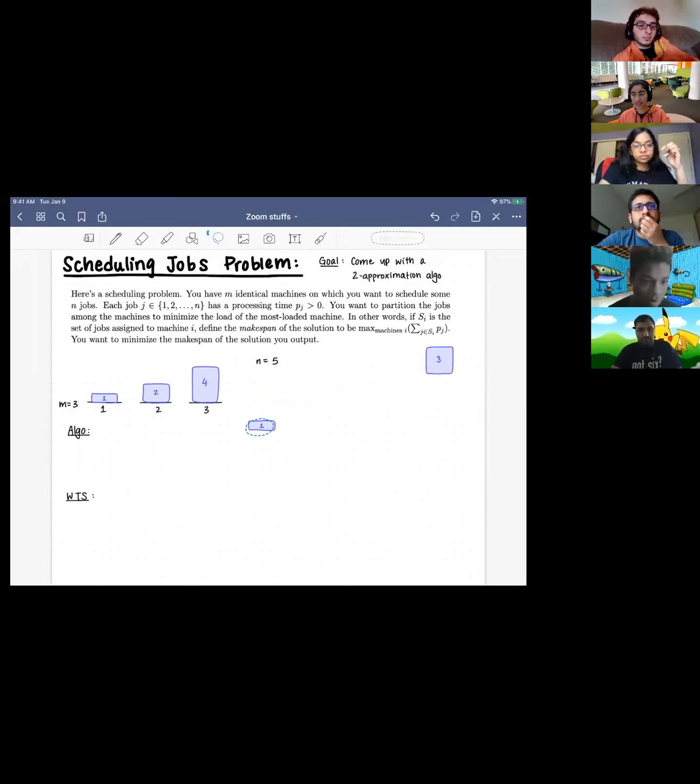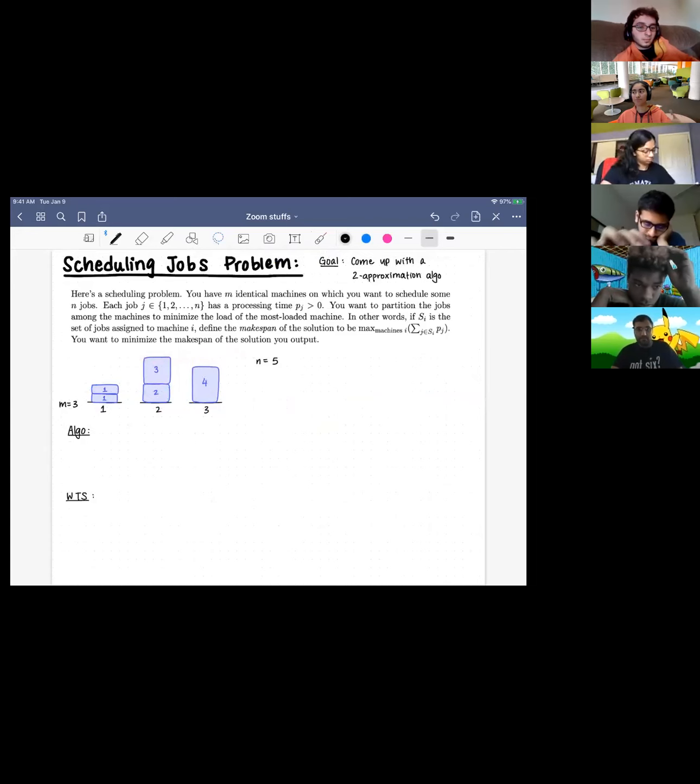This one has to go into the one that's doing the least amount of work, which would be machine 1 right now. This one has to go to the one that's doing the least amount of work, which is machine 2 right now. And we end up with our makespan of 5 instead of 4. So it was a little bit worse, but how much worse could it possibly get? We're trying to show that the worst it can get is double the true solution. So in this case, the worst you could possibly get is 8 because the optimal was 4.